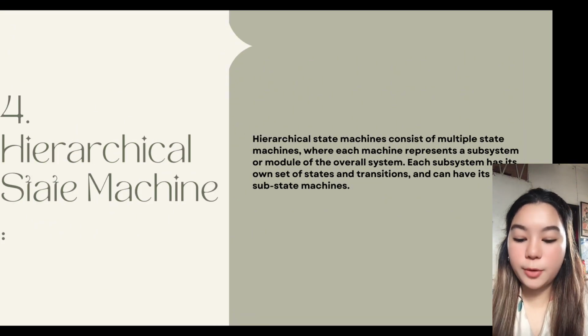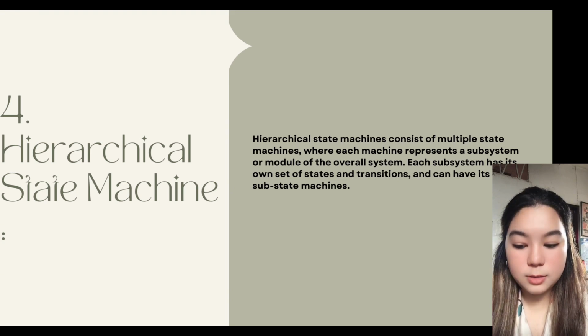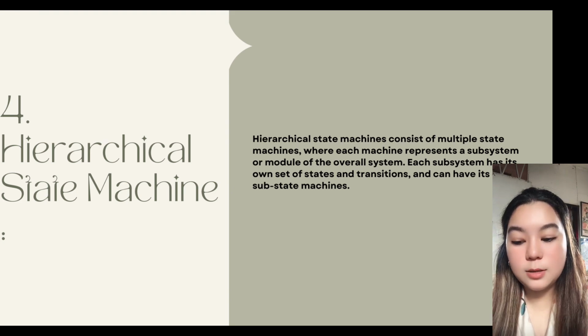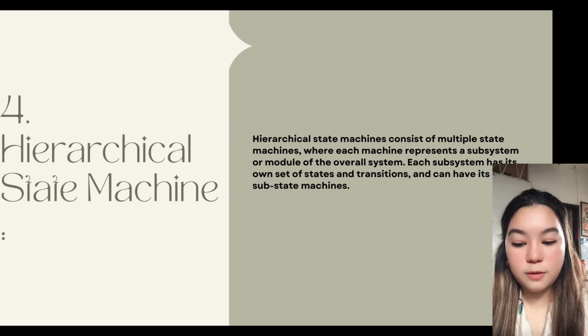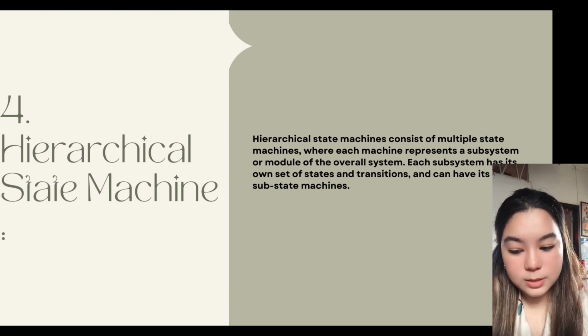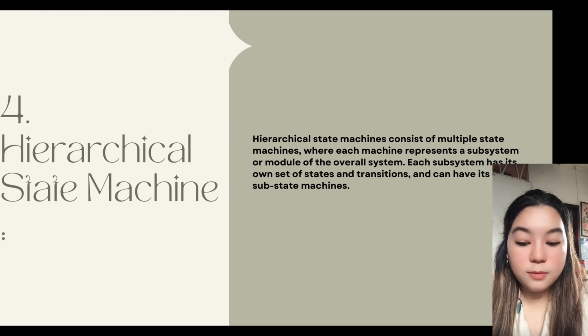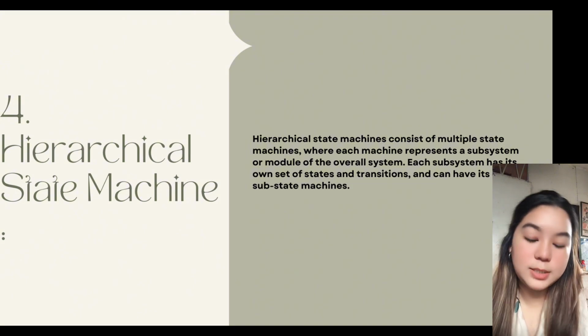For the fourth one, we have here the hierarchical state machine. This one consists of multiple state machines where each machine represents a subsystem or module of the overall system. Each subsystem has its own set of states and transitions and can have its own substate machines.